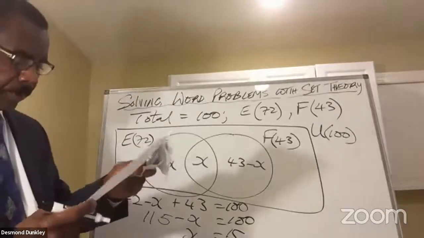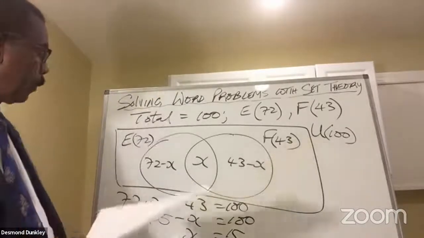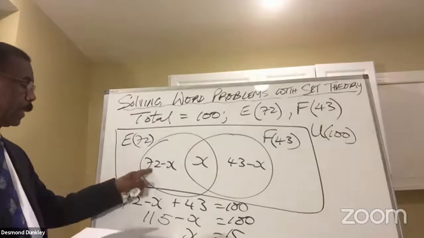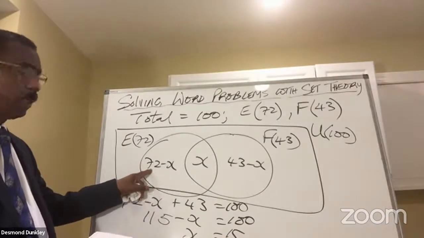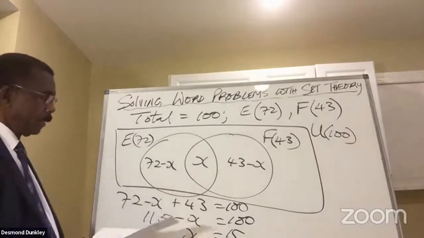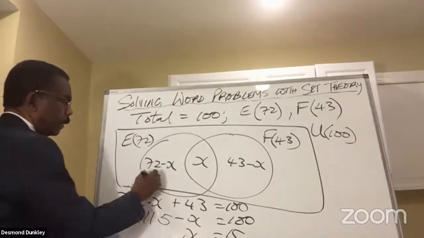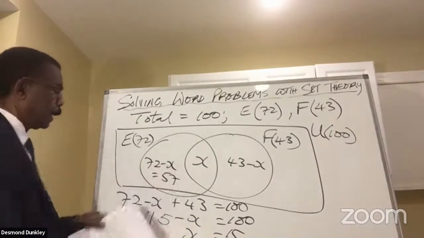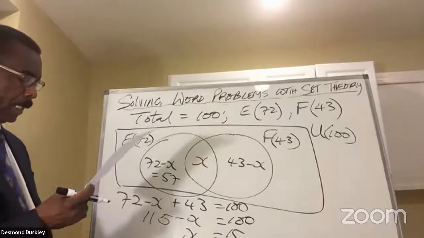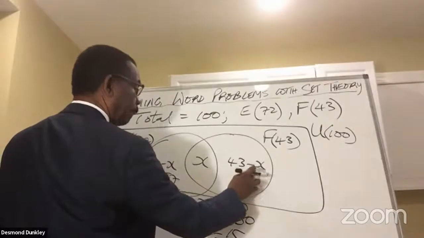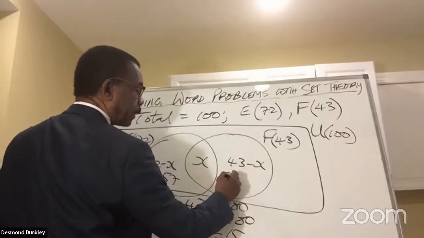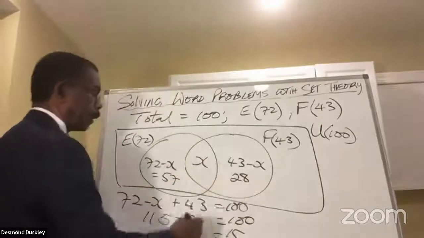The question they asked us was, how many can speak English only? So English only is going to be 72, take away 15, and that gives us 57. How many can speak French only? So it's 43 minus 15 gives us 28.